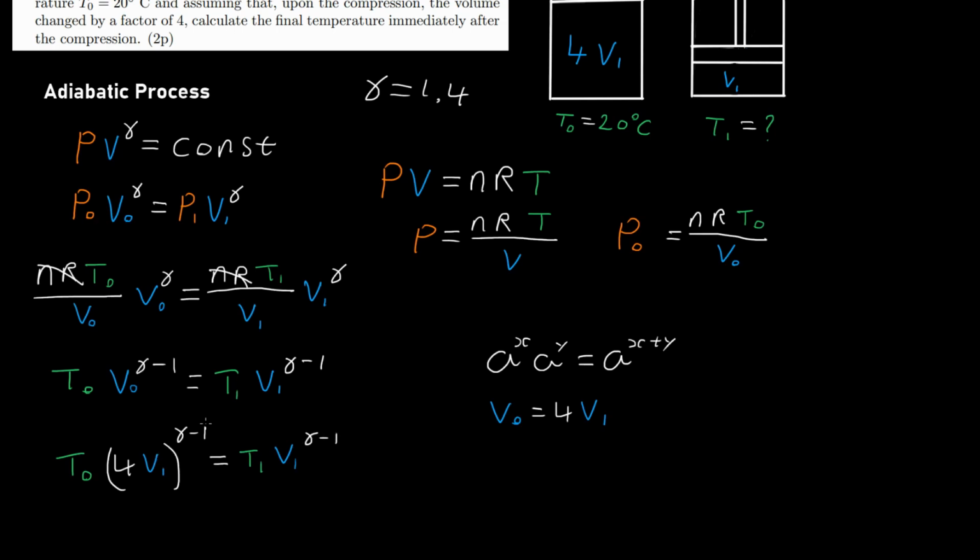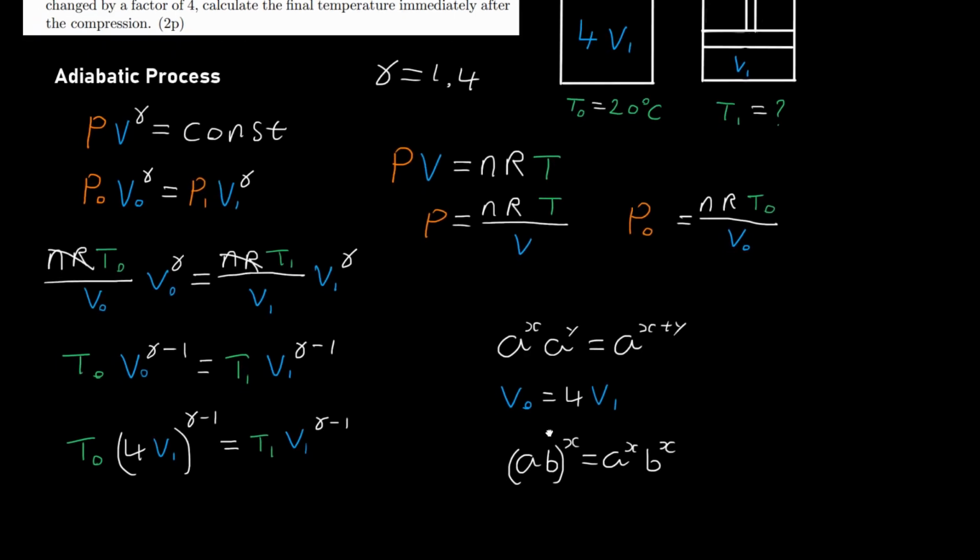So what we can do then is distribute this power, because any time we had perhaps an a b to the x, that would just be the same as a to the x times b to the x.